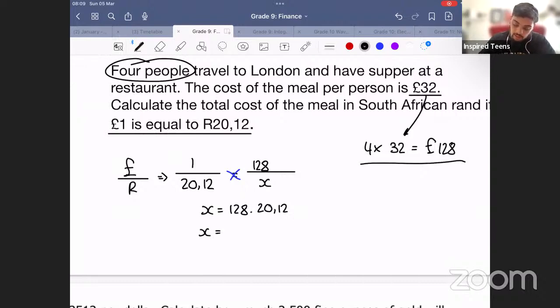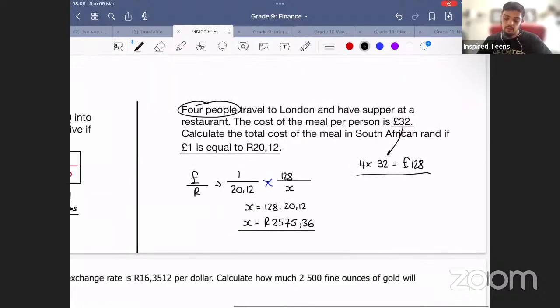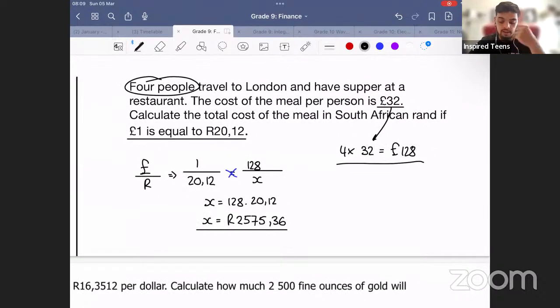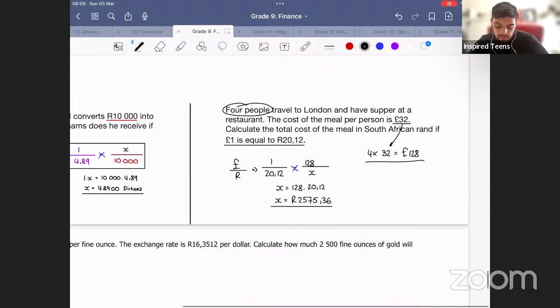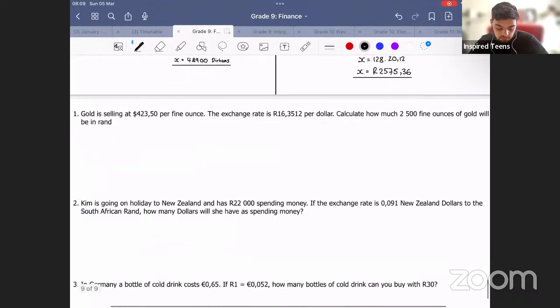And this is giving me the rand amount for the cost of the meal, 2,575 rand 36. It's an expensive meal. So 4 people travel across London to have supper at a restaurant. The cost per meal is 32 pounds. Calculate the total cost of the meal in South African rand. We multiplied 32 by 4 and then converted it to rands.